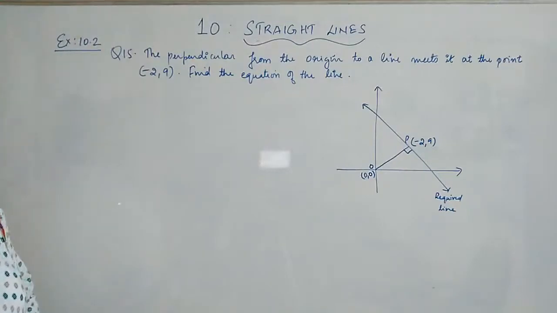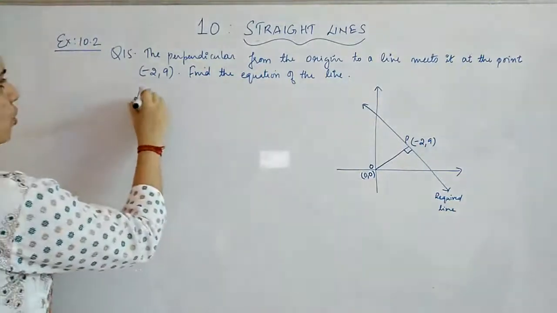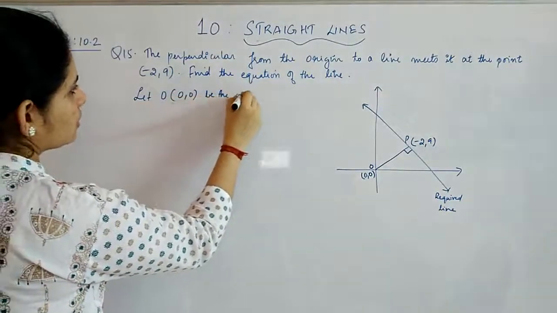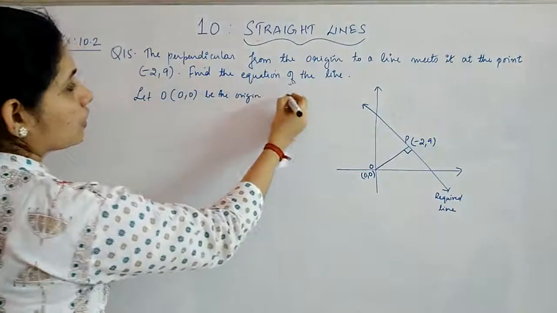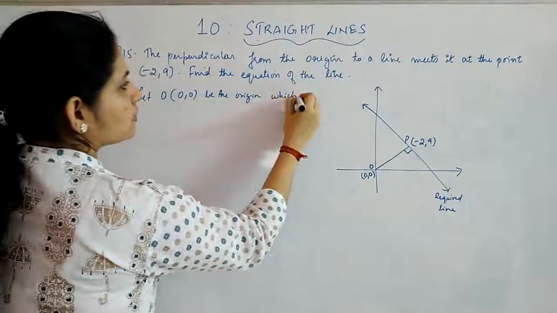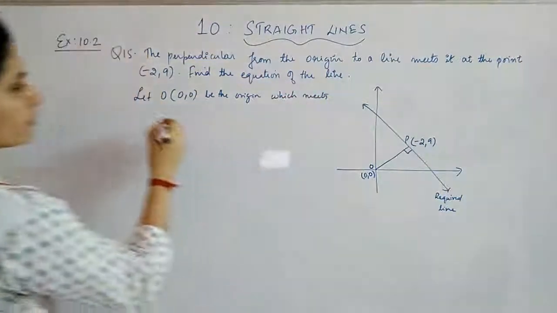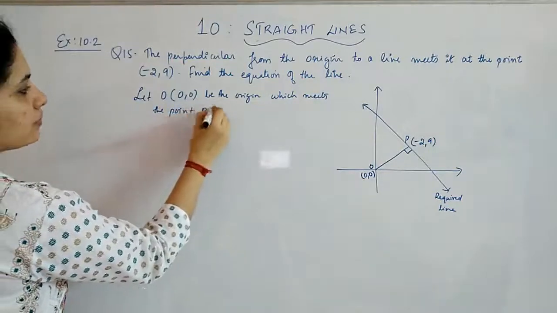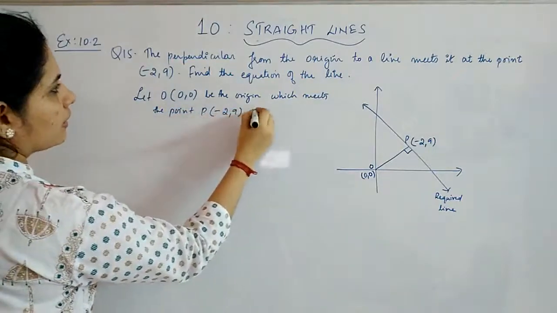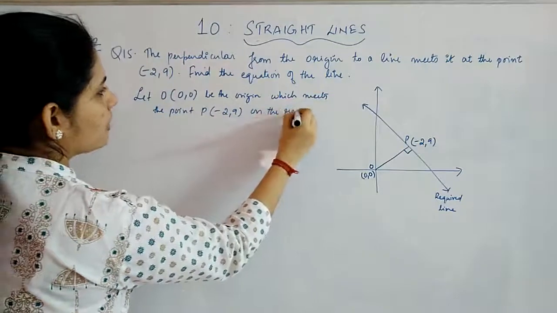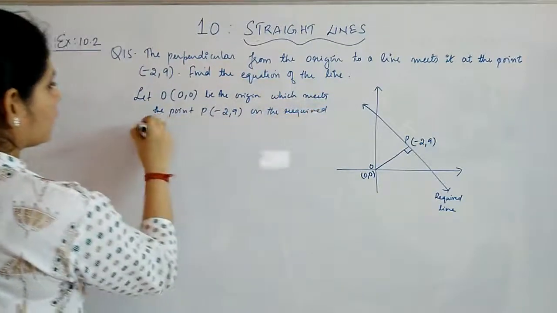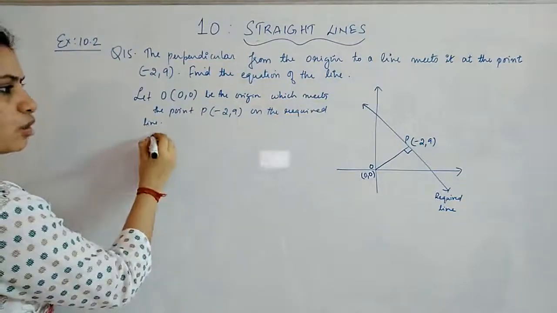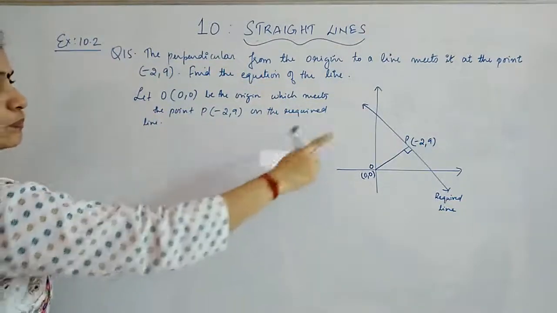So first, let O(0, 0) be the origin, which meets the point P(-2, 9) on the required line. Now we will find the slope of the line OP.